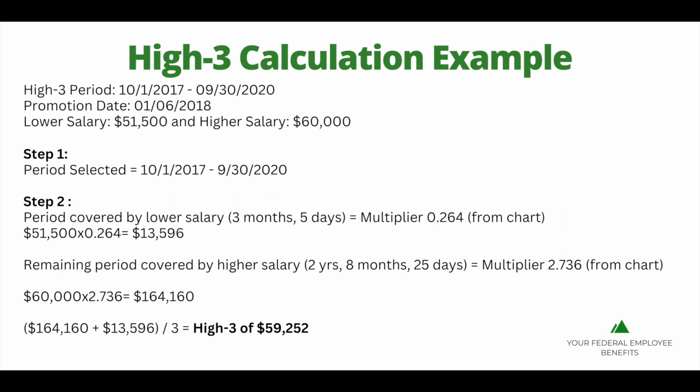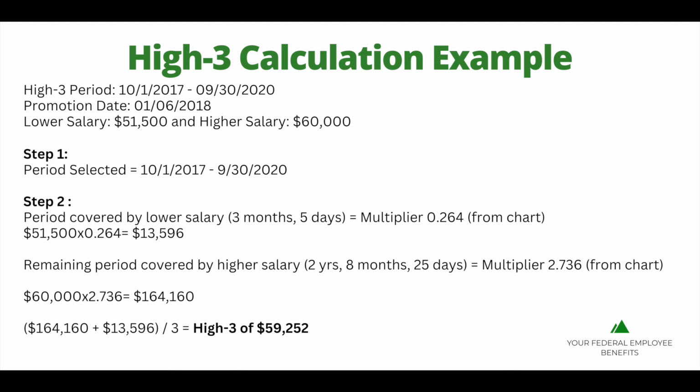He got a promotion to $60,000 on January 6 in 2018. But the 3-year period for his High-3 started on October 1st of 2017. So there's a 3-month, 5-day period where his pay was lower than the remaining period, and we need to find what amount to use for that period.